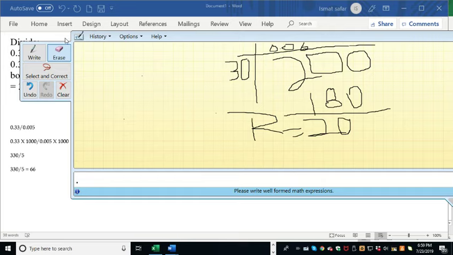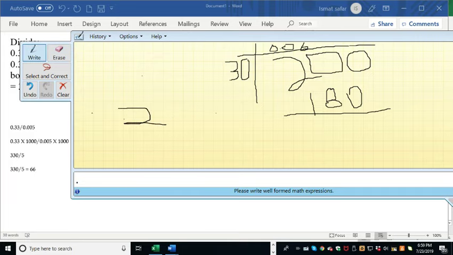Let's have this example here: 0.02 divided by 0.3. What happens here? We don't know how to divide this.